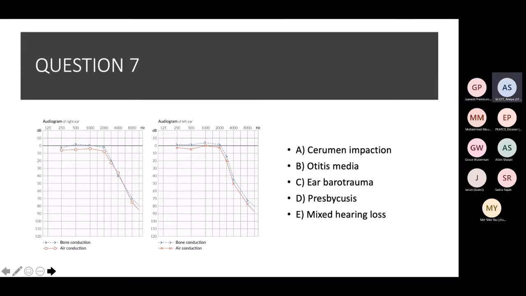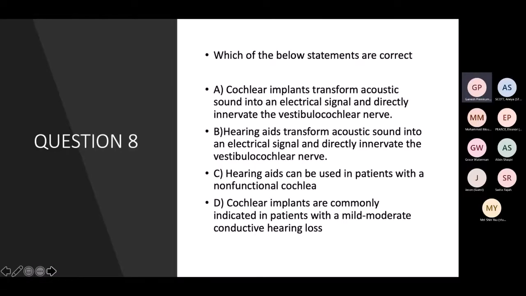Cool. So everyone's voted and has gone for D. Perfect. Yep, exactly. So both ears are affected. It's at high frequencies, and that's what you see in presbycusis. Right, perfect. Oh, last question. Yes, last question.